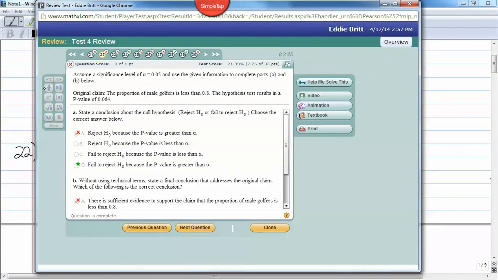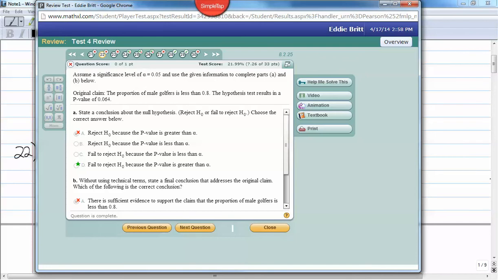Let's see. So we want to state a conclusion about the null hypothesis. Here's our original claim. Proportion of male golfers is less than 0.8. So our p-value is smaller than our significance level, or our p-value is greater than our significance level.